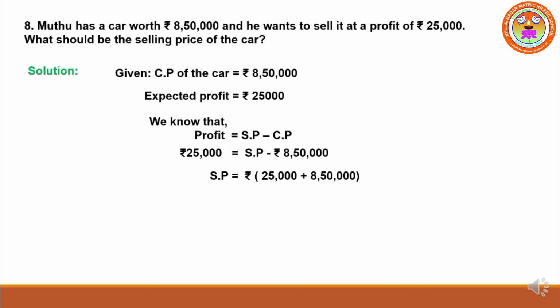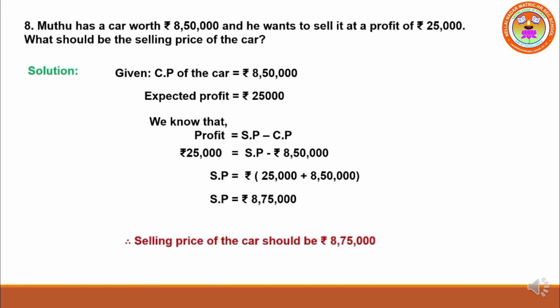So on adding these two values, what is the value I get? 8,75,000, which will be the selling price of the car if I expect a profit of 25,000. Yes. Therefore, selling price of the car should be rupees 8,75,000. Understood, ma? Yes.